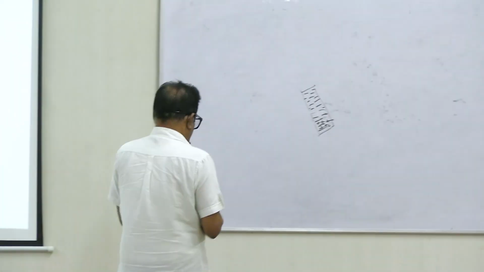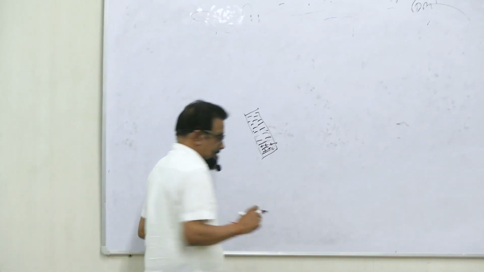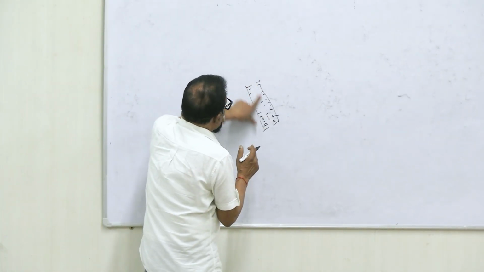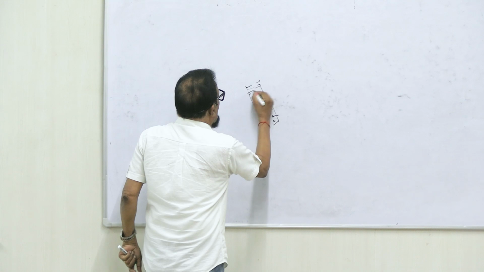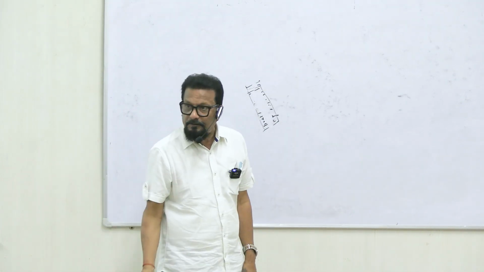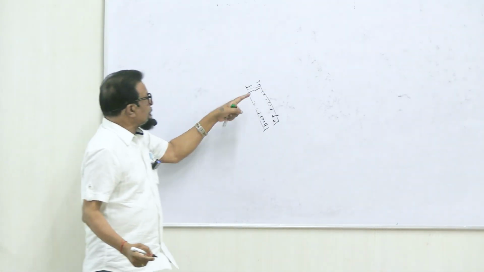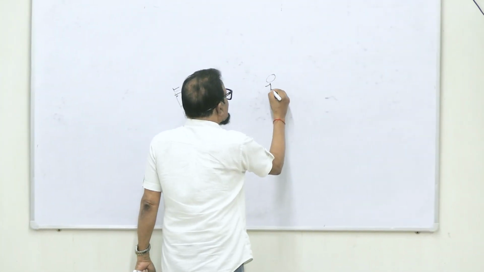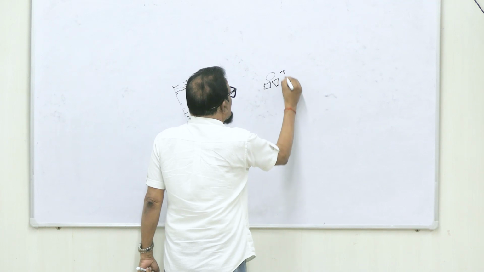Initially a small part will be depolarized from the SA node. The SA node will depolarize the nearby cells. Suppose this is the SA node and these are the nearby cells.